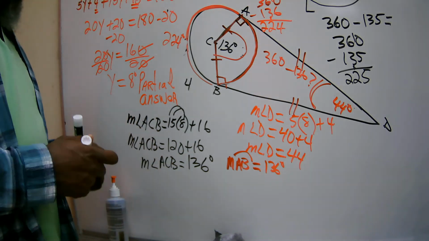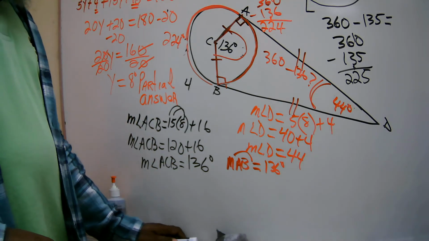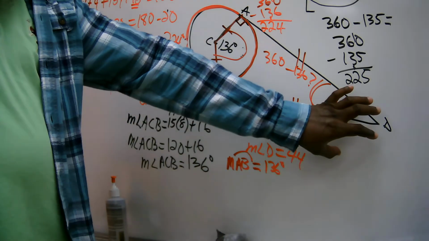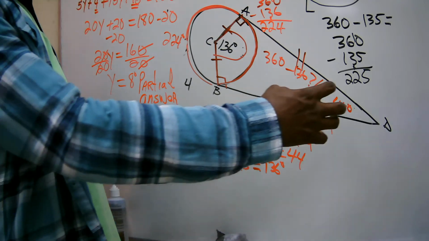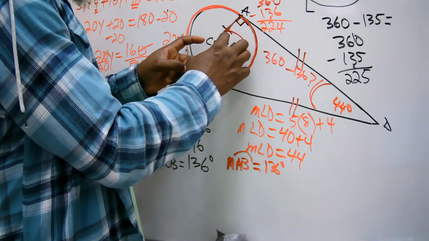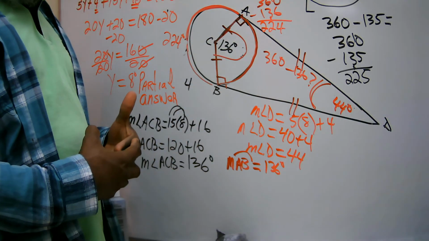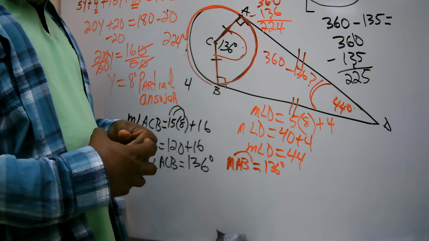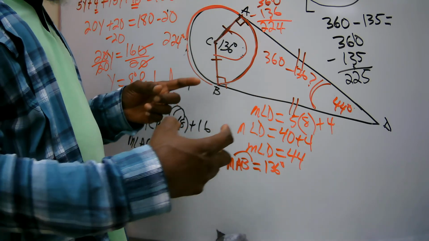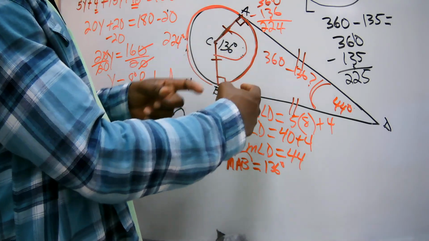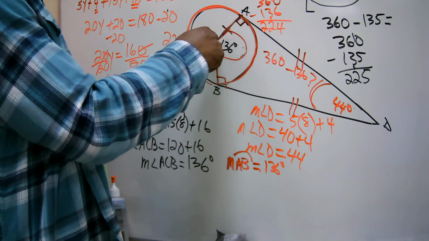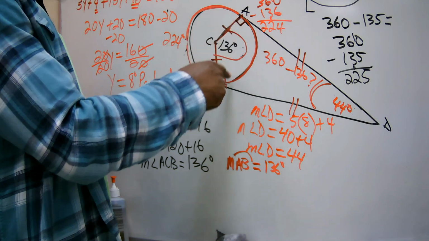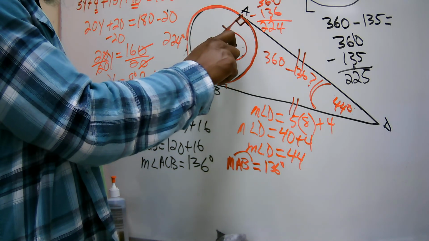So that was our lesson, how to deal with the circumscribed angle and its associated central angle. Both the circumscribed angle and the associated central angle are supplementary, meaning they will add up to 180. So if you don't recall that theorem, you can always make the radius to the point of tangency a 90-degree angle, and you will have two 90-degree angles.